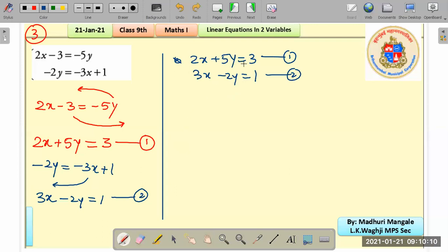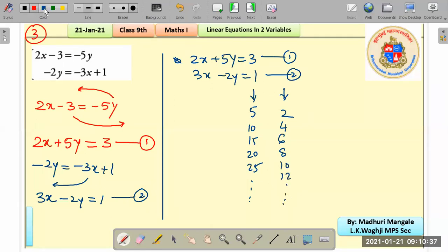Let us work on making the y terms same. Okay, so 5 and 2. We look at their LCM, the least common multiple. If you look at the table of 5, it's 5, 10, 15, 20, 25, and so on. If you look at the table of 2, it's 2, 4, 6, 8, 10, 12, and so on.